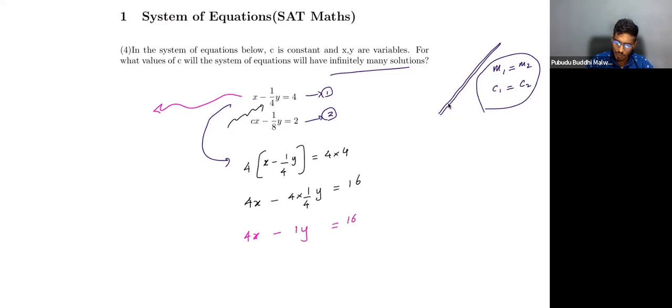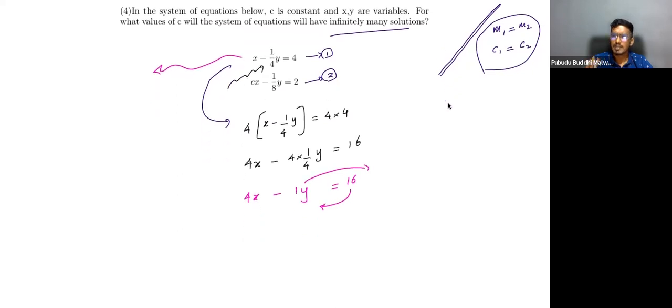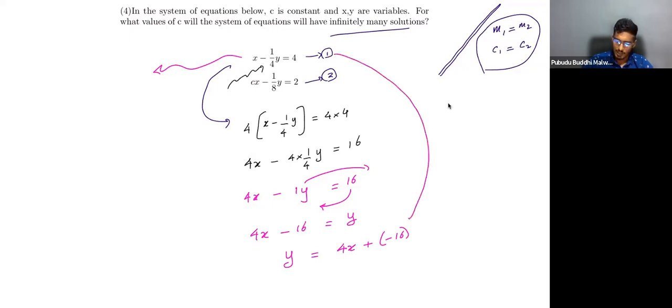I can move y to this side and 16 to the left hand side to create that form. That is basically y equals 4x minus 16. I did not change anything. Basically the same equation, same line.